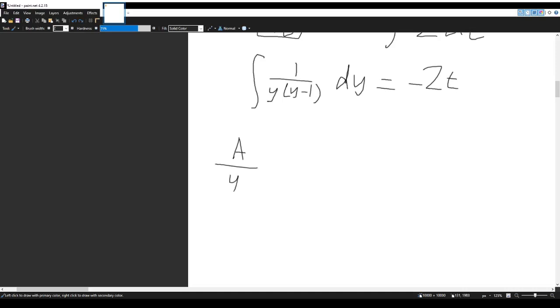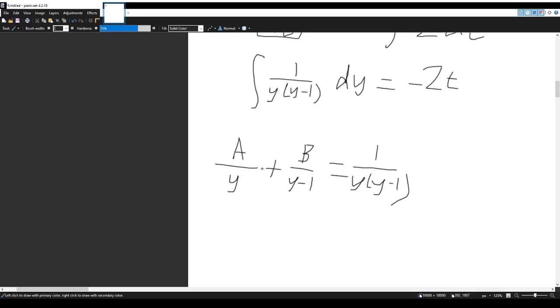So we have a over y plus b over y minus 1 equals 1 over y times y minus 1.